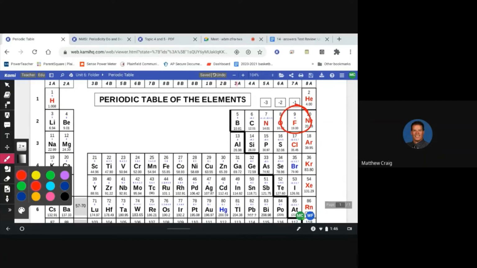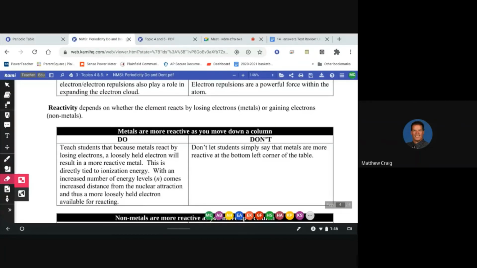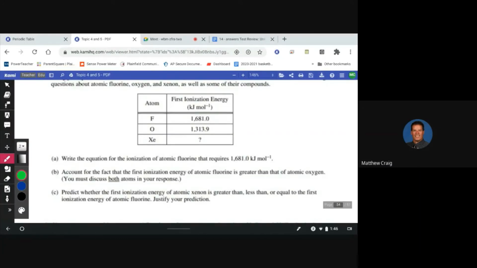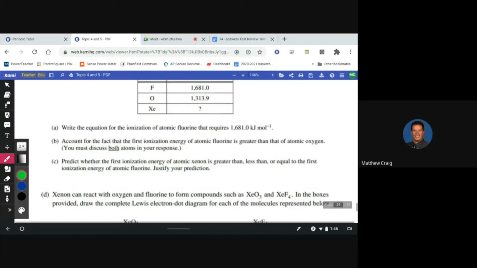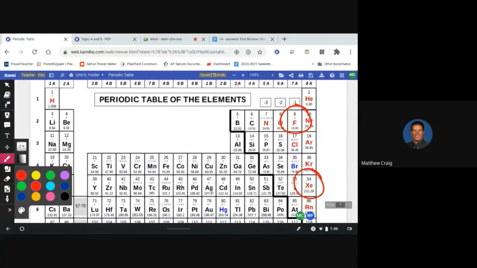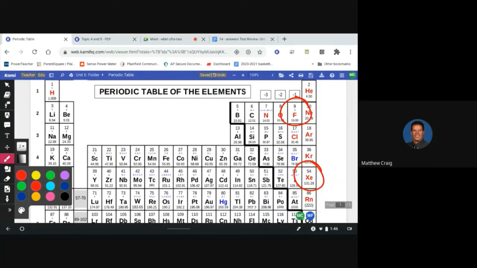So we got fluorine versus xenon. The question was asking, predict if the first ionization energy for xenon is greater than, less than, or equal to the first ionization energy of fluorine. So xenon, is it higher, lower, or the same?